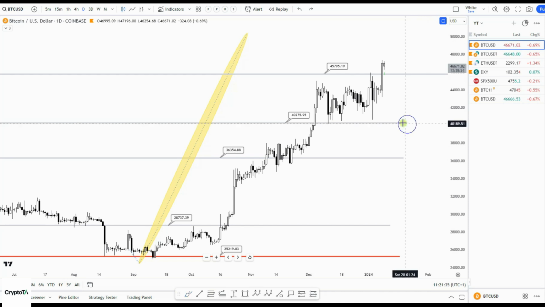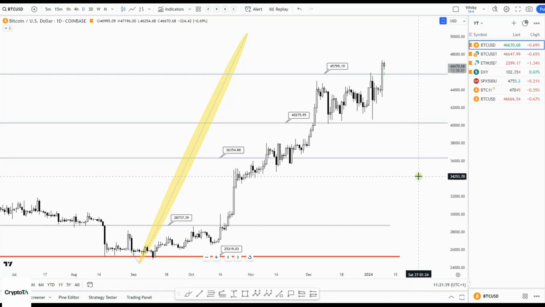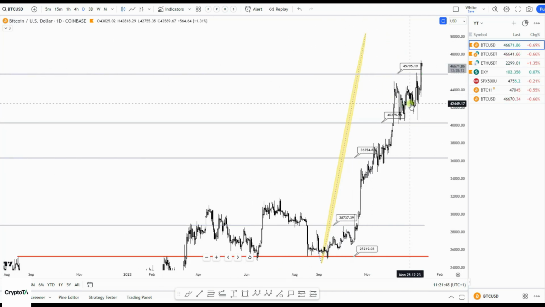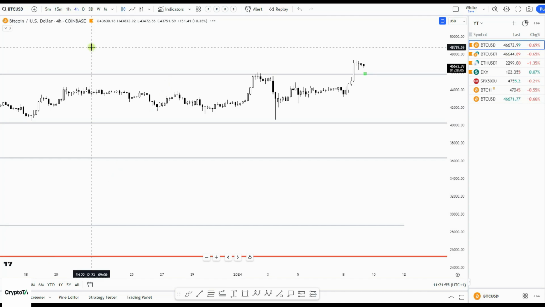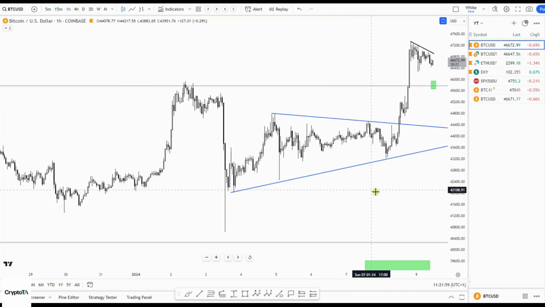But I still want to follow a bit of my charts because I do see some things that might be interesting. First of all, over here, not much to be seen. Well, we are above an older key level I have, and if we zoom into this most recent price action, I think we should go to the 1 hour.